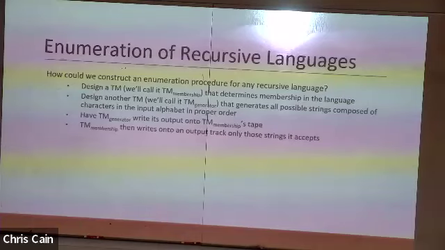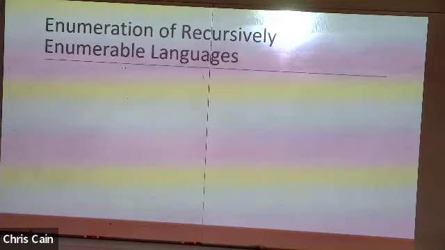And we're going to be done being able to output new strings because our core membership Turing machine is stuck in an infinite loop, with no way for us to know whether or not it's eventually going to halt and accept and write something on the tape, or if it's stuck in an infinite loop. So we need some kind of new procedure that's going to allow us to figure out strings that are in the language without considering a string that may put a Turing machine into an infinite loop.